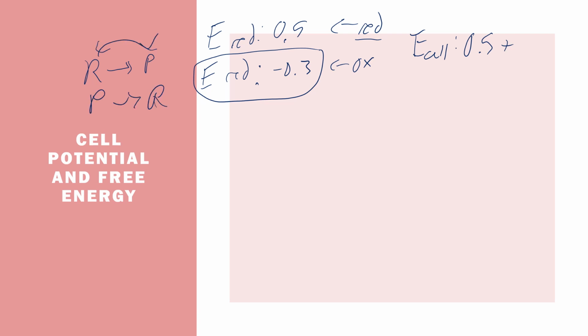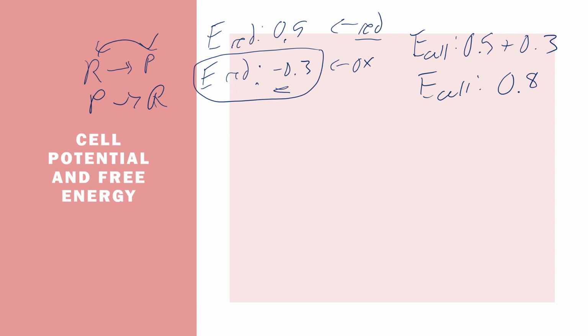And when that happens, you change the sign of this reduction potential. So we will change this to a positive 0.3. So that means my cell potential for the overall reaction is 0.8, which is a positive value, which works for voltaic cells. Now, this indicates that the reaction is thermodynamically favorable.